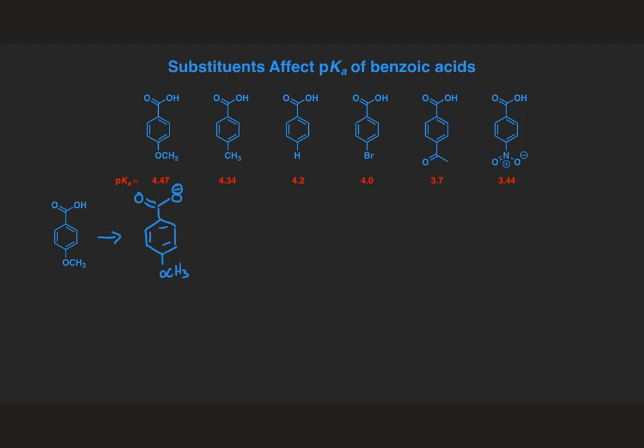Now we said that this methoxy group is electron donating. This is an electron rich benzoic acid, and so I want to show some resonance with this lone pair getting pushed into the ring and that bond being moved to a carbon. So we wind up with something that looks like this. And we can keep pushing those electrons around.